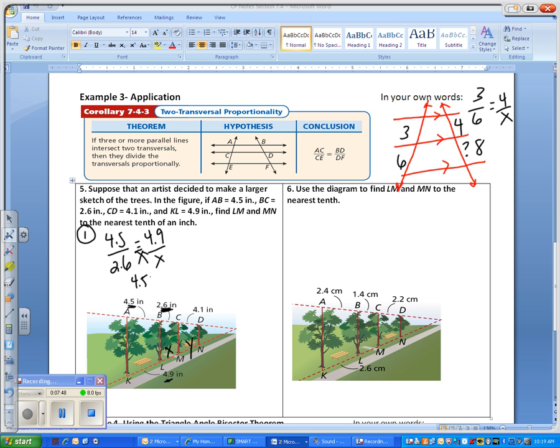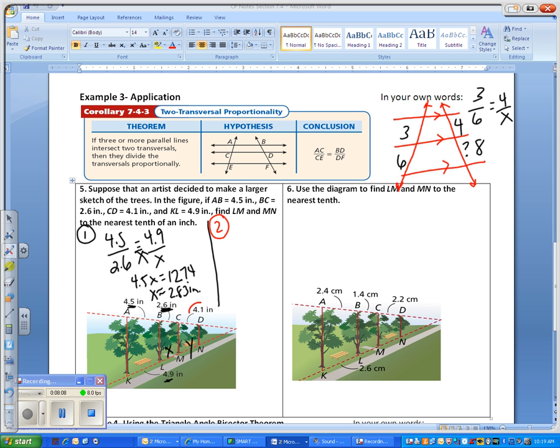So 4.5x equals 12.74, and then divide, and you'll get about 2.83 inches. So that's for x. For y, what do you think the ratio would be?